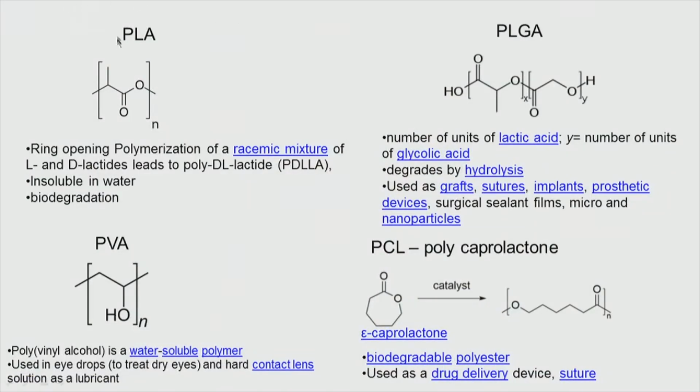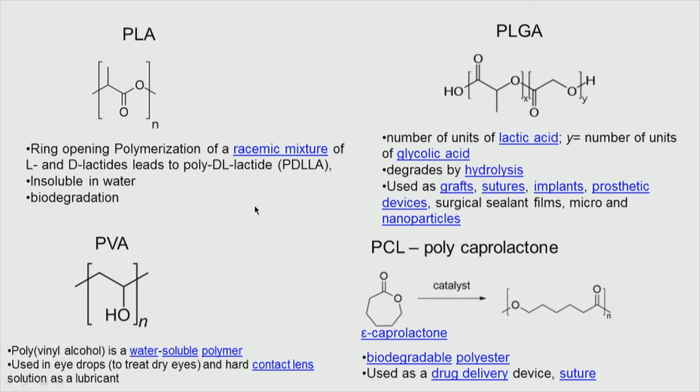Now, other polymers, these are some polymers which have been approved by the Food and Drug Administration USA. Polylactic acid, PLA. So, we have this type of structure, okay, lactic acid. It is biodegradable, is FDA approved, but it is insoluble in water. Now, how is it made? Ring opening polymerization of a racemic mixture of L and D lactides to produce poly-D-L lactic acid.